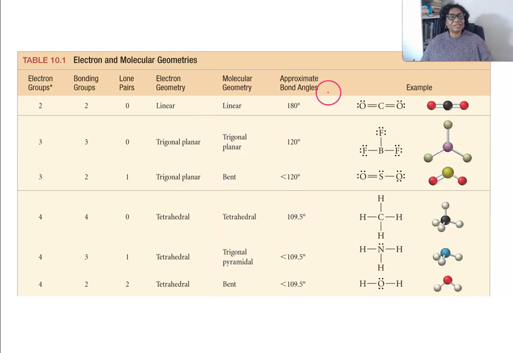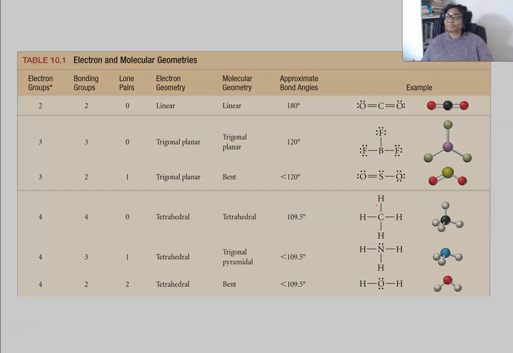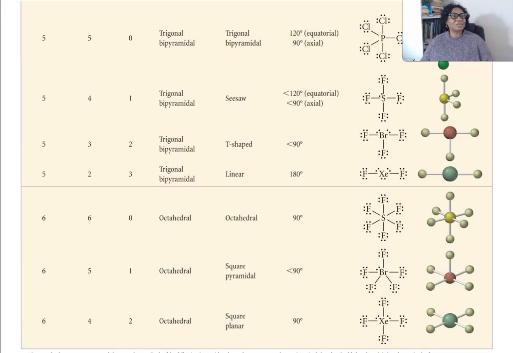We can see the bond angles. Look here, you can see the shapes on some examples. Look at the shape they form, and the examples of the molecules. That continues here too. Most of these examples we have looked at.